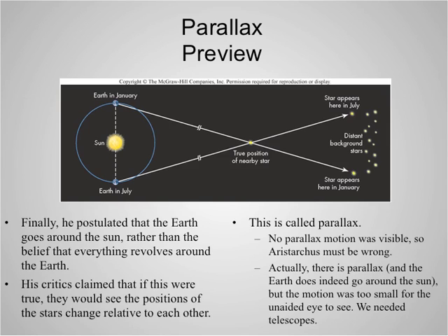Arcturus also postulated that the Earth goes around the Sun and not vice versa. This was not a popular idea at the time, and most people rejected this idea, even though it was correct.